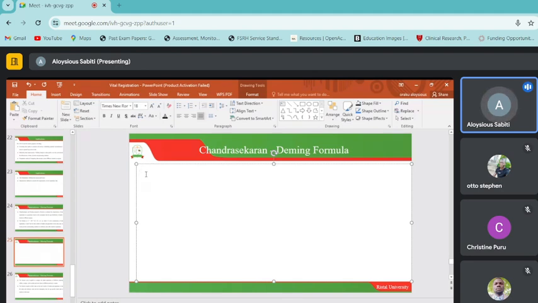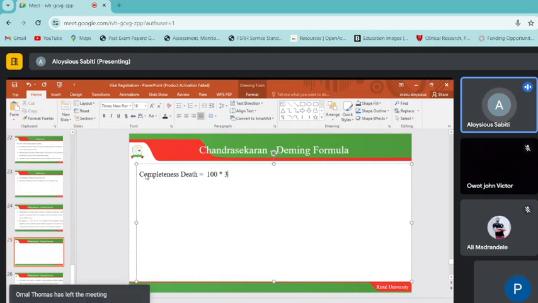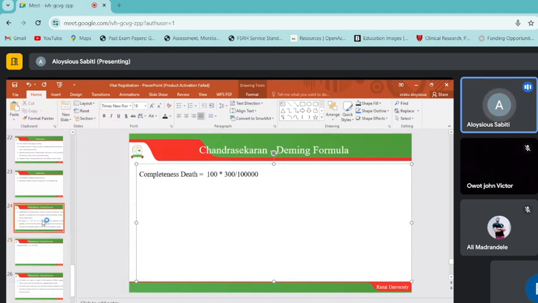So what will happen is that your completeness of death data would be 100 multiplied by, if in your vital statistics you had your number of deaths as 300 out of 100,000 of your population in this formula.